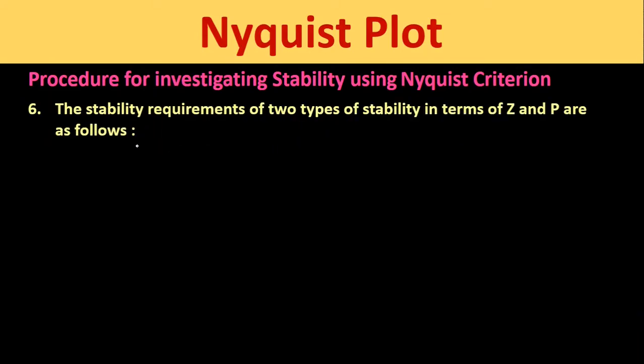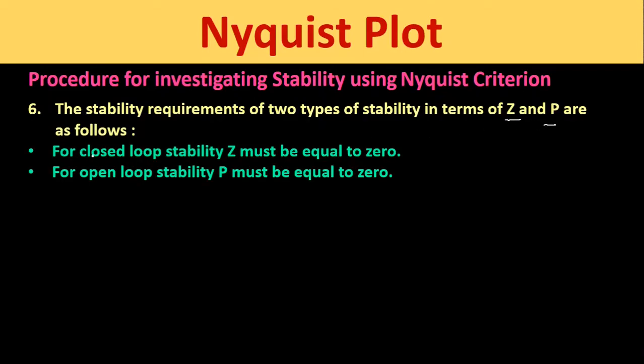Then sixth point is the stability requirements of two types of stability in terms of Z and P, as follows. First one is for closed loop stability, Z must be equal to 0. So for this condition, what will be the Nyquist criteria?